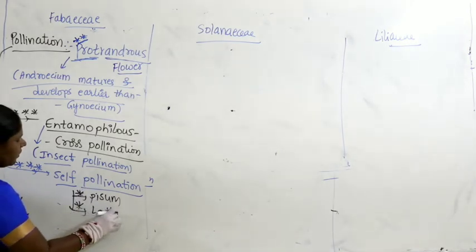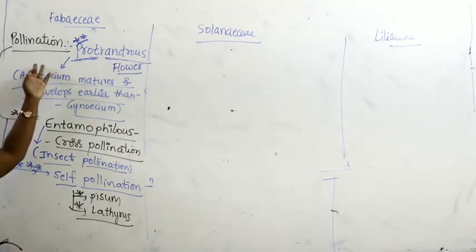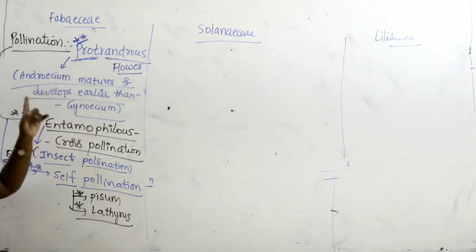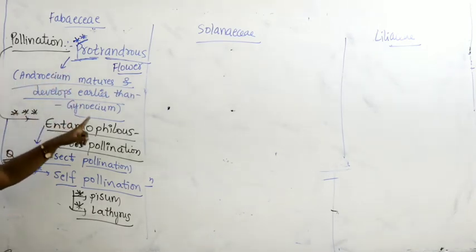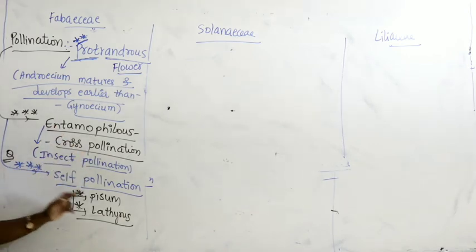Very important, because I kept 3 star marks, no? So I say again, pollination mostly happens in protandrous flower. Androecium matures and develops earlier than gynoecium. Entomophilous cross pollination, insect pollination, and self pollination mostly occurs in Pisum and Lathyrus.